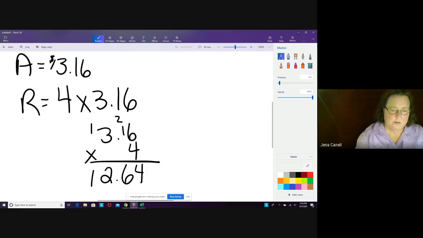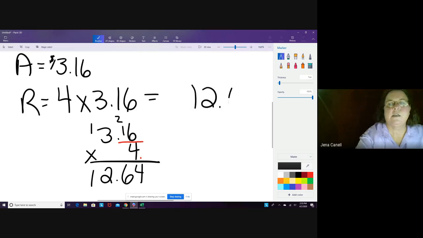I've put my decimal point between the 2 and the 6 because at the top factor, I see that I have 2 numbers after the decimal. And for my bottom factor, it's just a whole number with just trailing zeros after the decimal. So I don't have to count for those decimal places. So that answer in particular is $12.64.